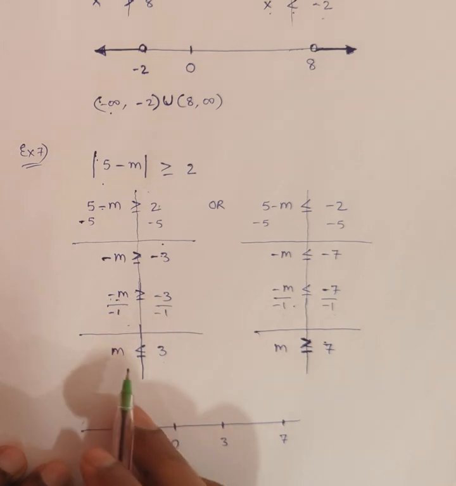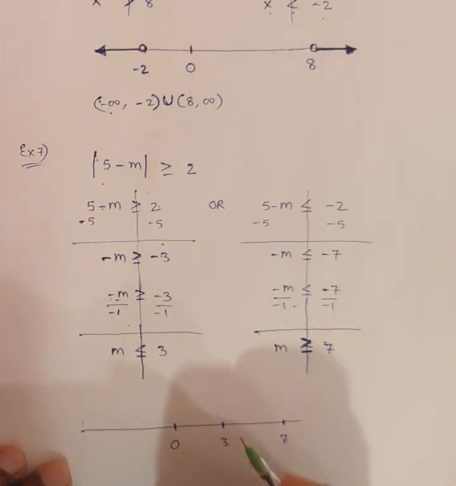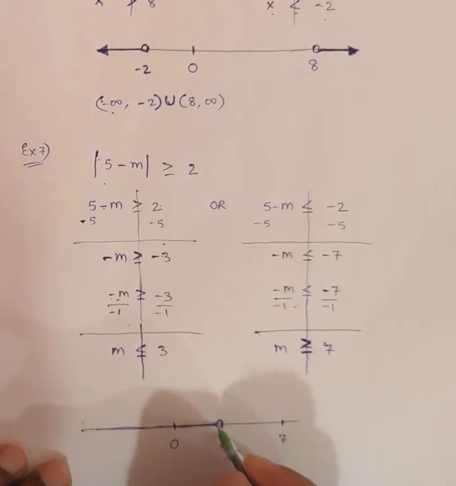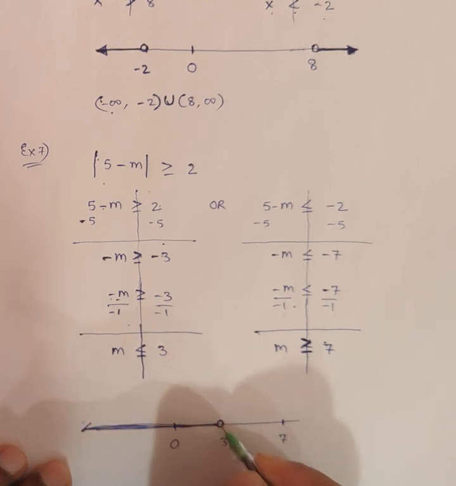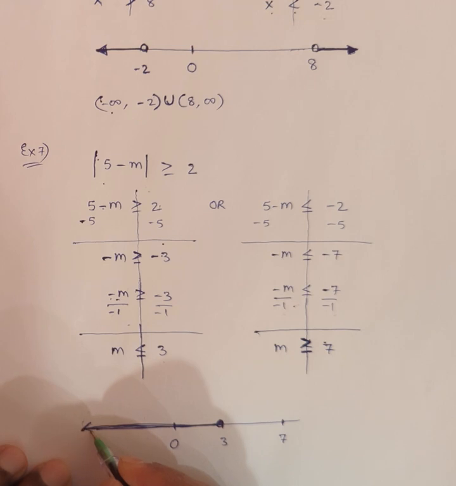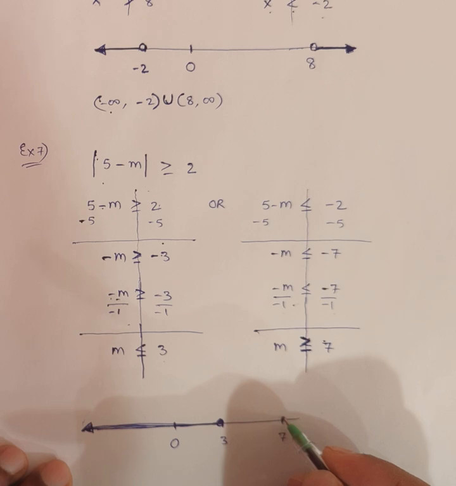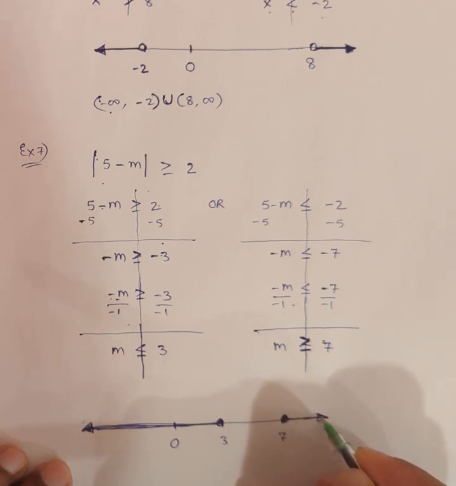Now notice it's m less than or equal to 3, which means I need to go to the left of 3. So it's going like that. It keeps going to the left of 3 because it's less than or equal to, which means the boundaries are included. And m is greater than or equal to 7, which means I start at 7 and the boundary is included, and shade everything to the right of 7.